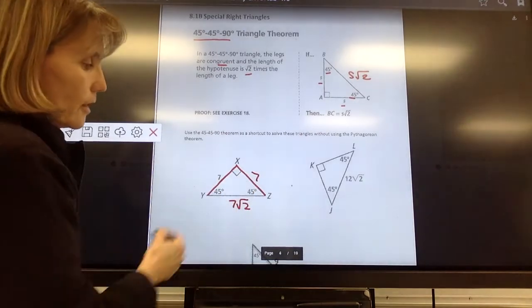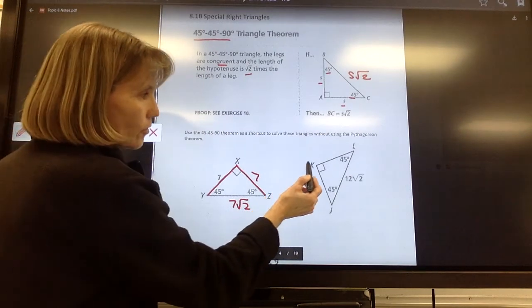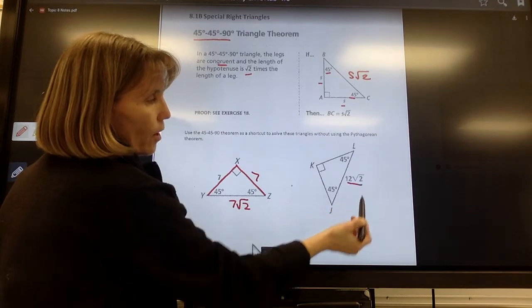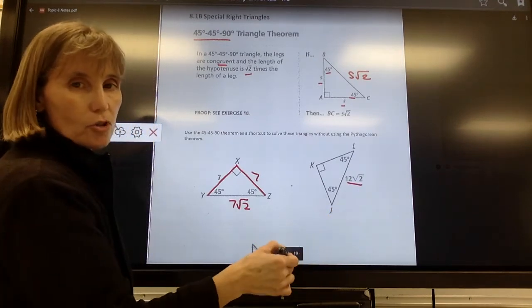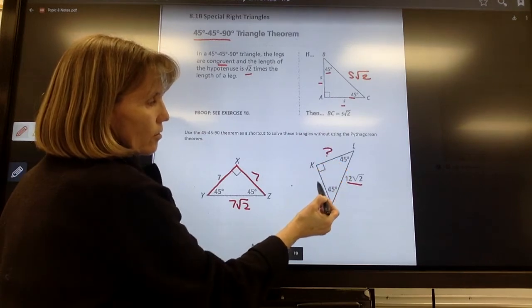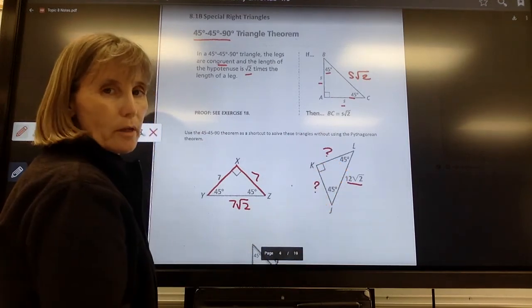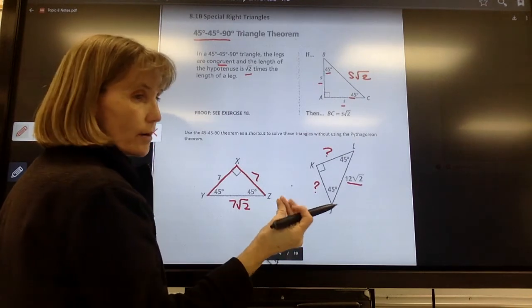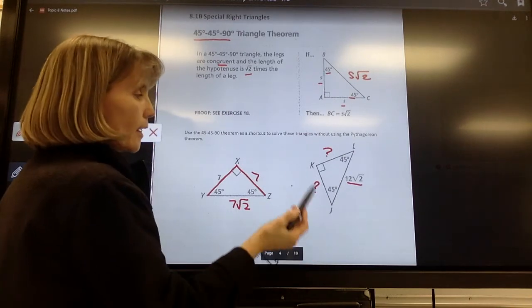Okay, if I look at the next triangle over here, I've got triangle KLJ. What I'm given is the hypotenuse. I know that the hypotenuse is 12 square root of 2. I want to know what the legs are. What was that measurement to get 12 square root of 2 for the hypotenuse? Some of you might know this right off the bat, but we're going to kind of go backwards.